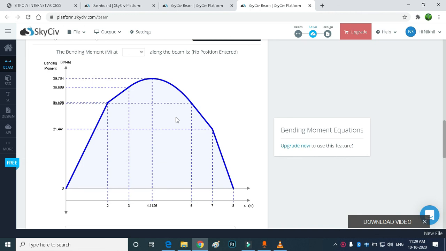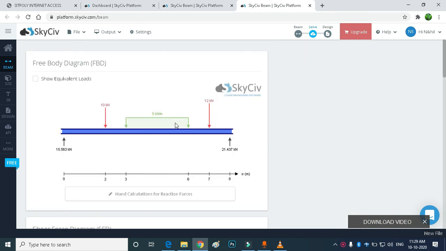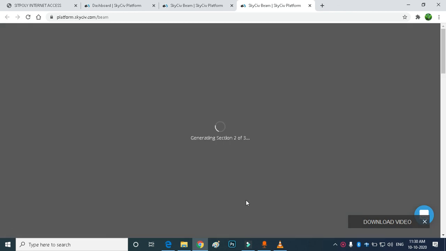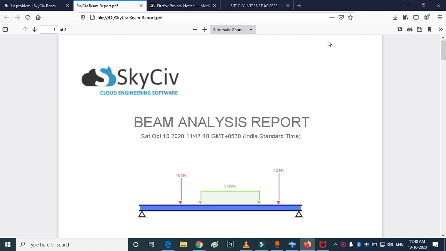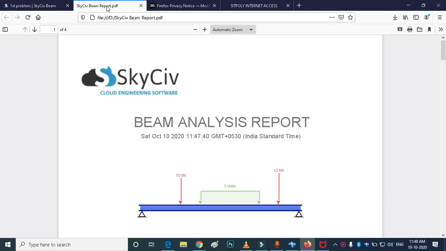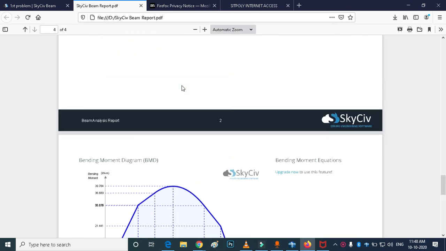Now what you have to do, you have to take printout of these 3 pages. How to do that? Here when you see the output section, click at the save to PDF report, and export it. So after clicking on the output and then on save PDF report, you will get a PDF file of 3 pages or 4 pages like this.